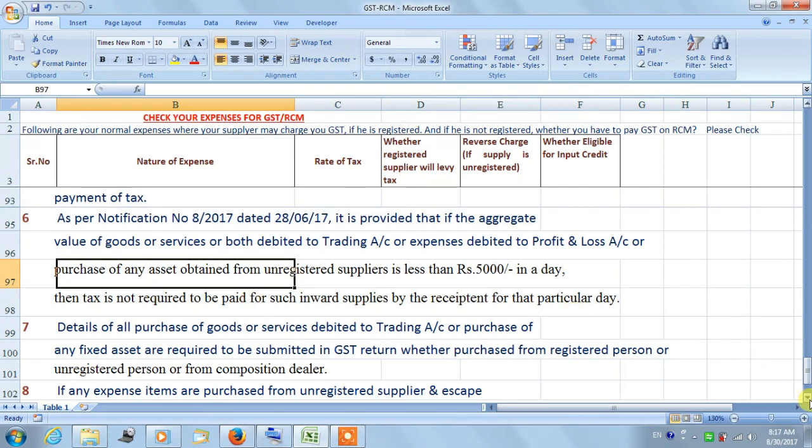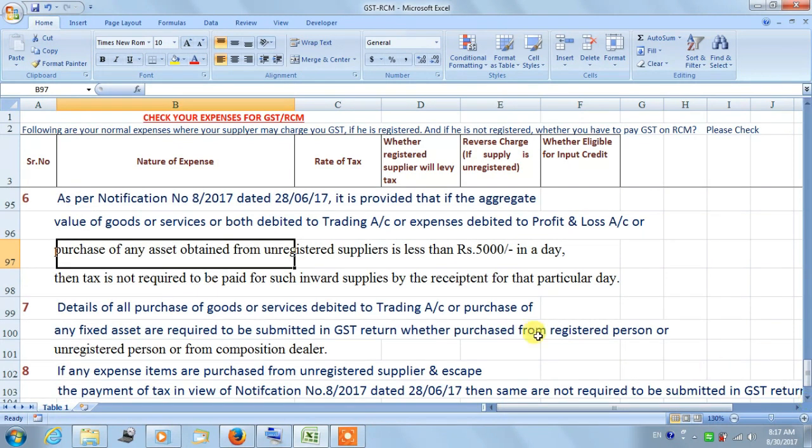Details of all purchases of goods and services debited to the trading account or purchase of any fixed asset are required to be submitted in the GST return, whether purchased from a registered person, an unregistered person, or a composition dealer.